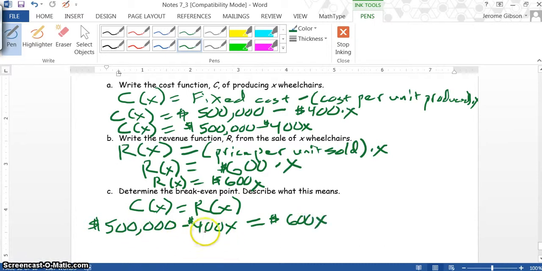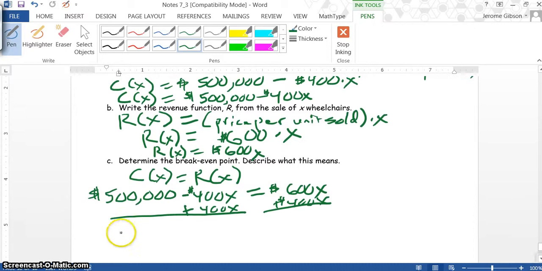Now we will solve this. We will subtract $400x on both sides. We will have $500,000 is equal to $600x plus $400x, which is $1,000x. Now we'll divide each side by 1,000.